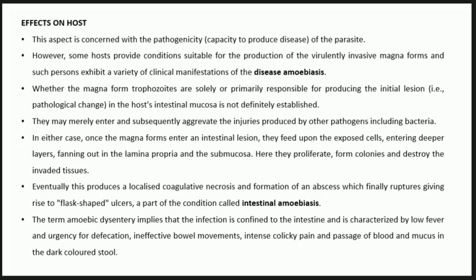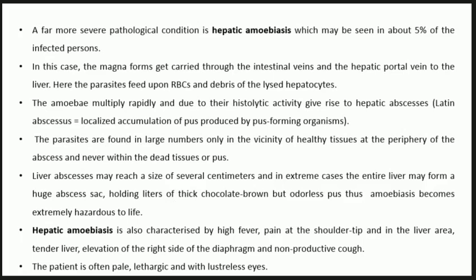Furthermore, a curious aspect of amoebiasis is that a person with amoebic dysentery rarely presents hepatic complications. Remember, we are talking about only intestinal amoebiasis. There is another term called hepatic amoebiasis.